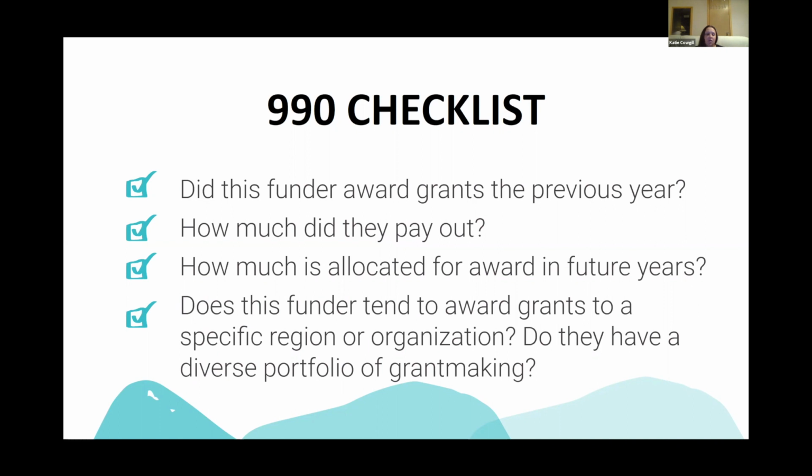Or is it all across the board, all across the country, all across the world? Those are really important questions to ask, because if you see a funder that only awards to New York and you live in Alaska, the likelihood that you're going to get funded through that grant is pretty slim.